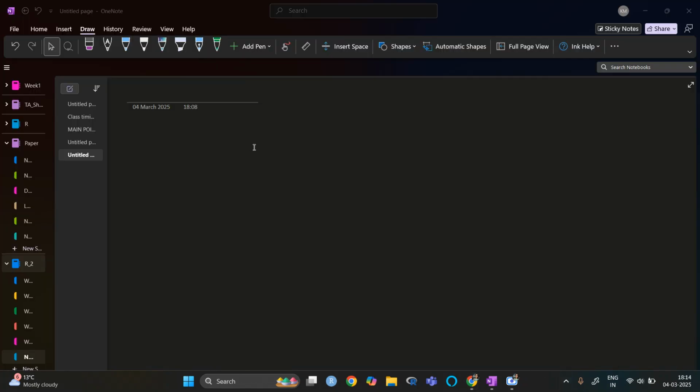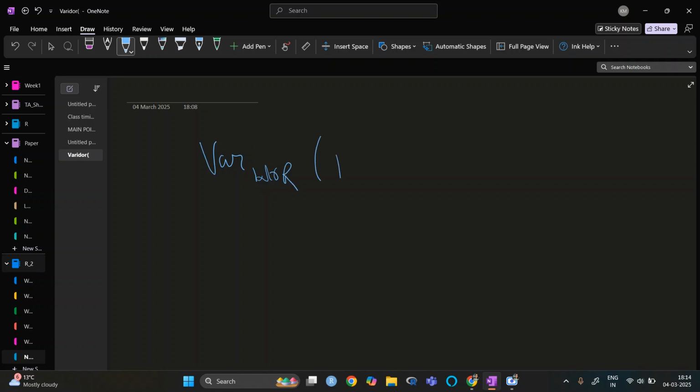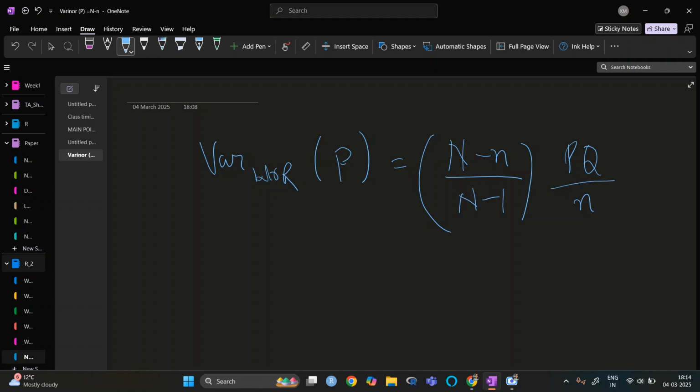Okay, so if I write the variance with respect to this p, then it will be nothing but (N minus n) upon (N minus 1), and in place of s square, it will be pq upon n.